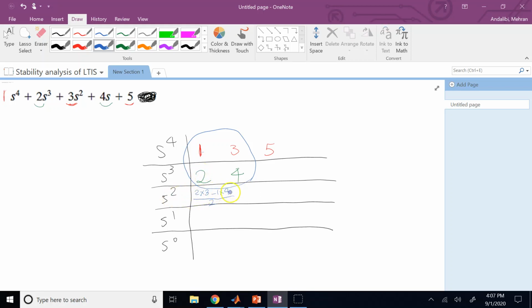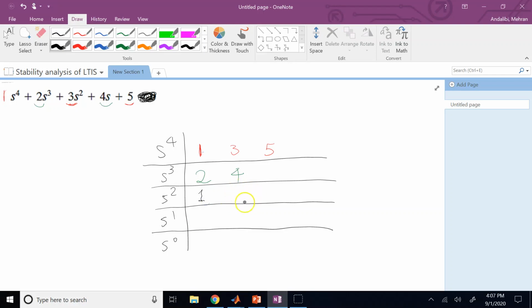So if you calculate 6 minus 4, that's 2. 2 divided by 2 is 1. Okay, so I replace it for you here. This whole thing is going to be 1.